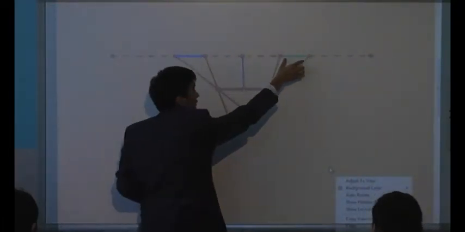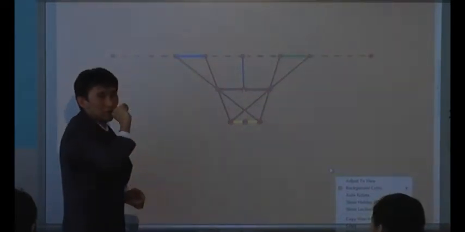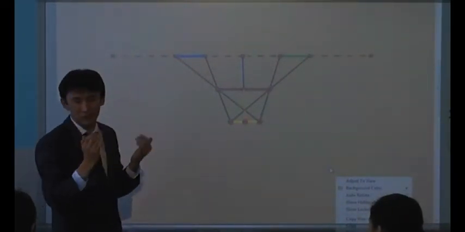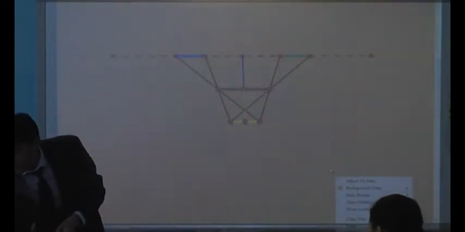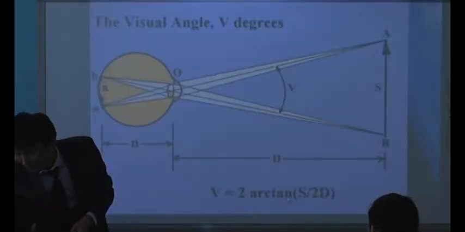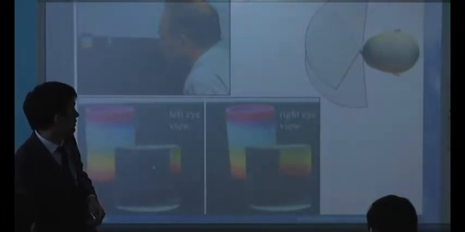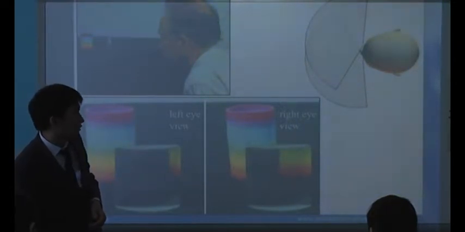This is the part that our left eye doesn't see. This is the difference between the 2 images. If we do this experiment, as you see, this is what the left eye sees. This is the image the right eye sees.